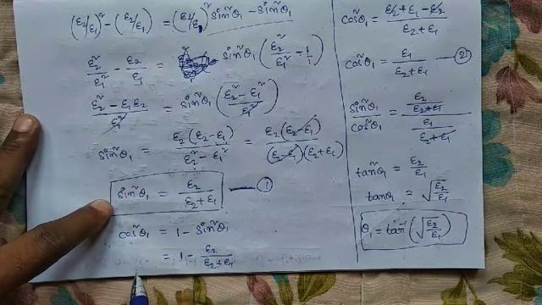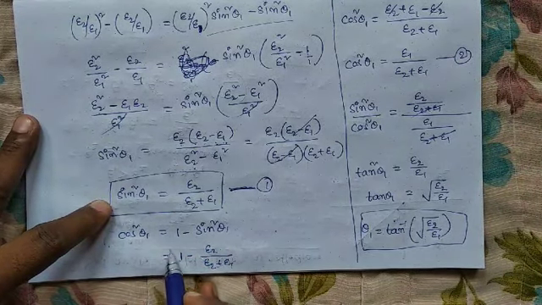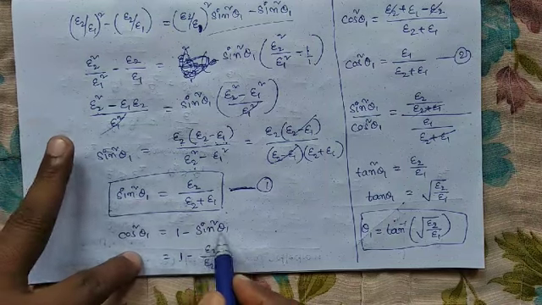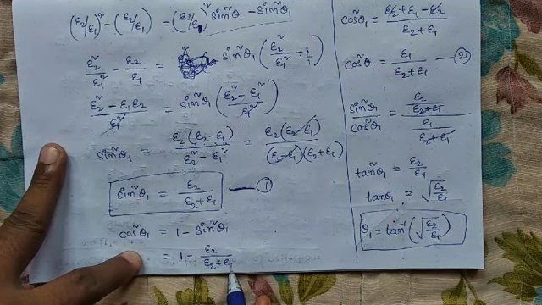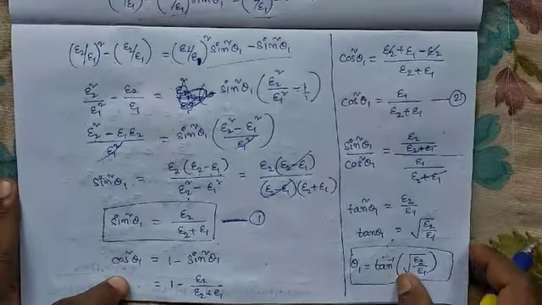From this we are calculating cos square theta 1. Cos square theta 1 is equal to 1 minus sin square theta 1. We are substituting sin square theta 1, that is epsilon 2 by epsilon 2 plus epsilon 1, and simplifying this equation.